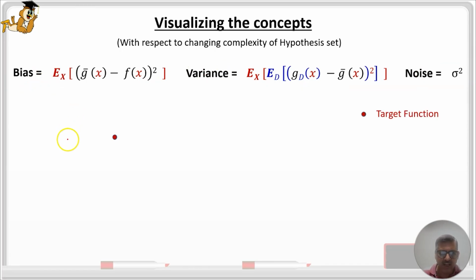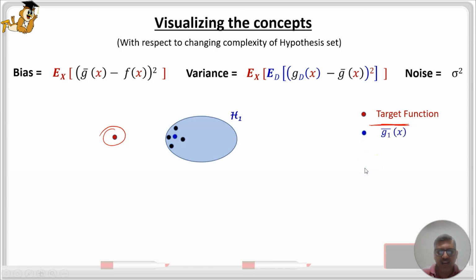Let's say we have a target function that I have indicated by a brown dot here. I'm specifying that the brown dot is the target function. And let us say we have a hypothesis set H1 indicated by this blue region right here. The target function is not a part of this hypothesis set H1.